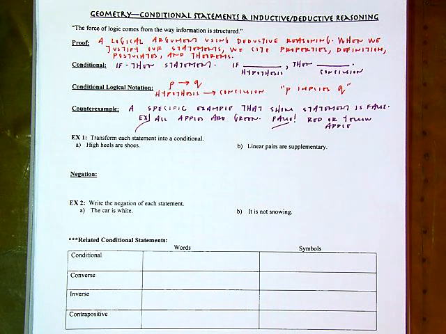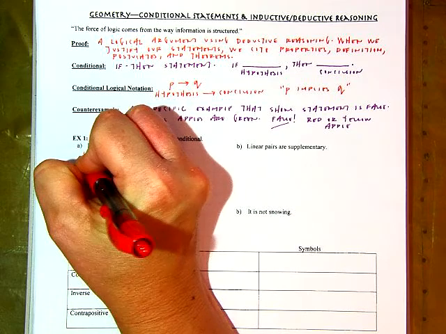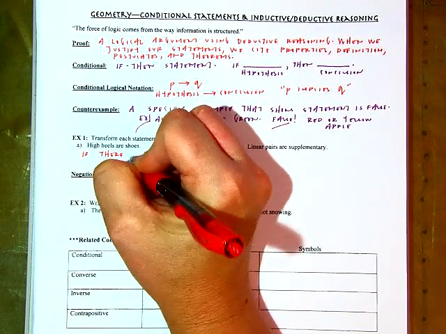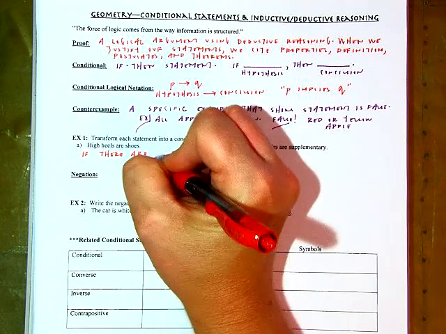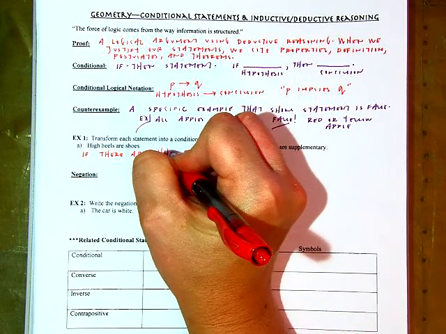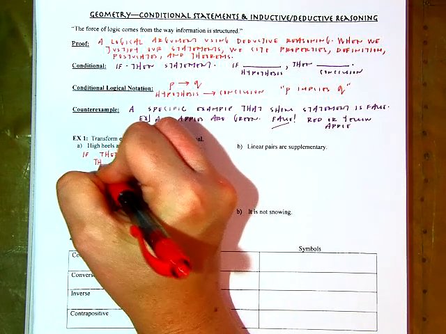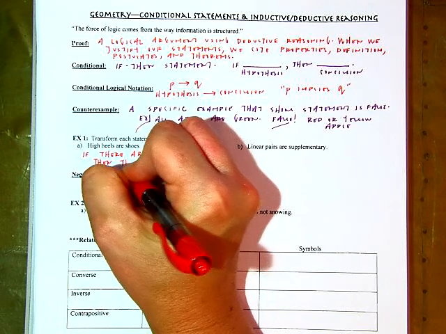All right, so in example 1, transform each statement into a conditional. So my statement is that high heels are shoes. Okay, so I'm going to say something like, if there are high heels, then there are shoes.